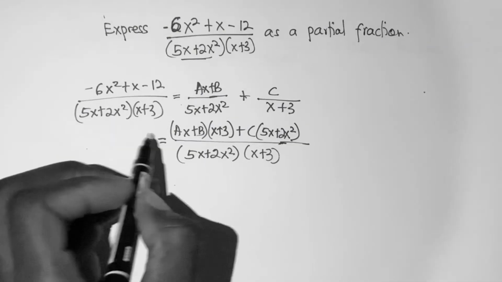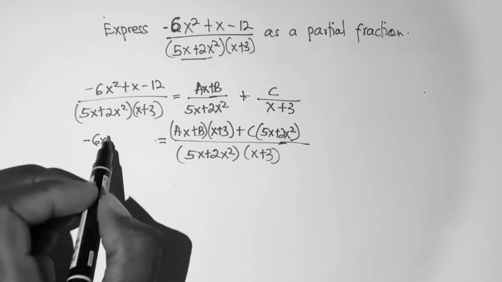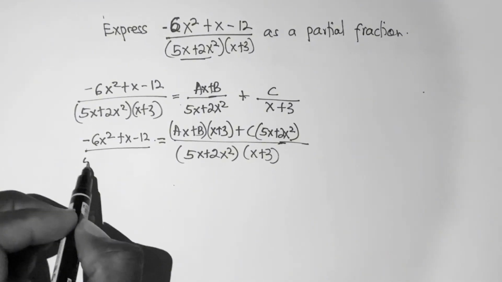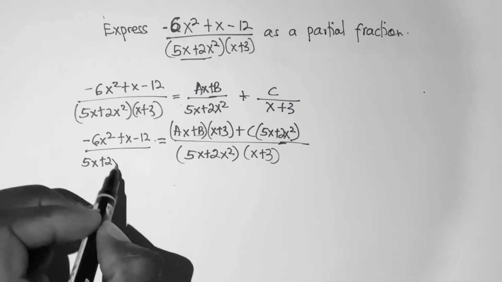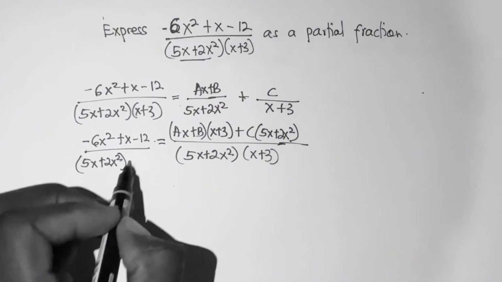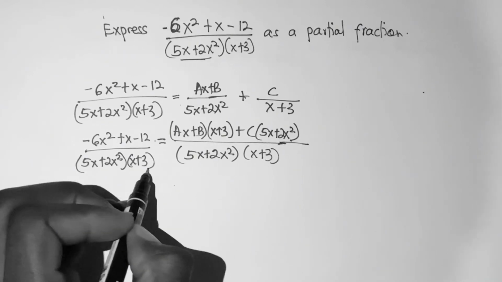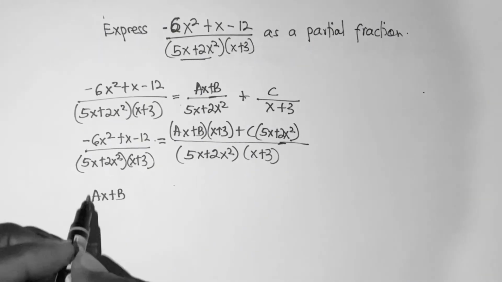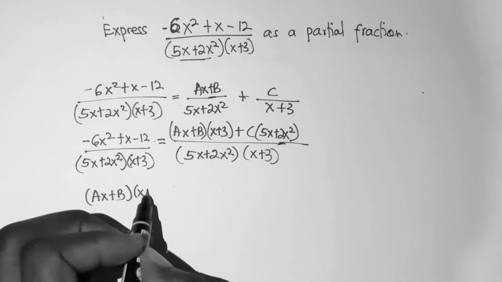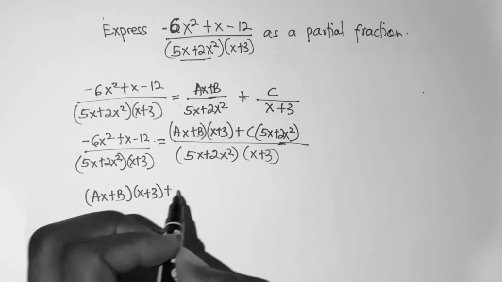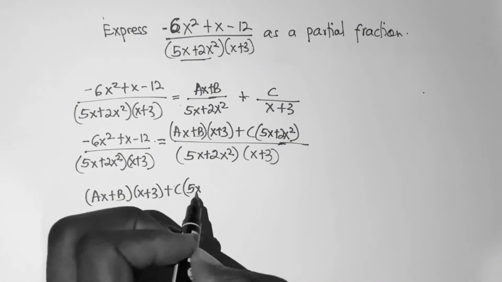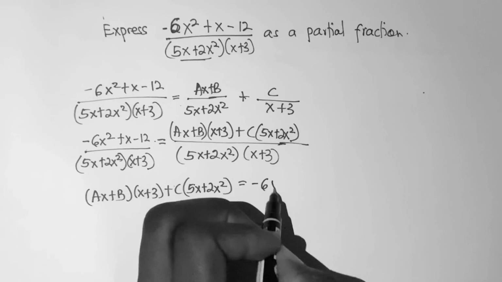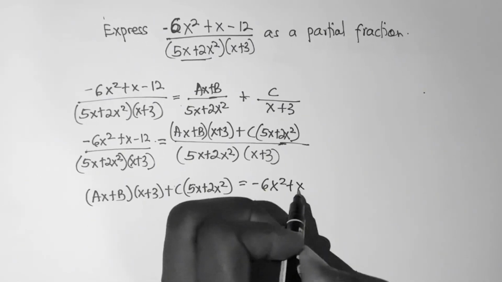So this is equal to minus 6x squared plus x minus 12 divided by 5x plus 2x squared, then times x plus 3. So this implies that ax plus b, then times x plus 3 plus c times 5x plus 2x squared is equal to minus 6x squared plus x minus 12.